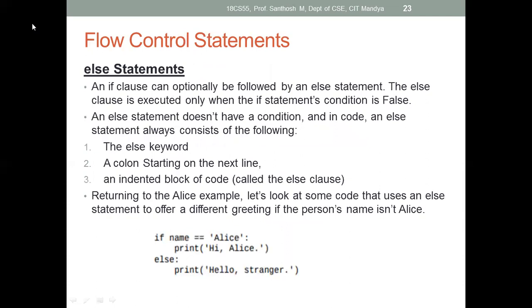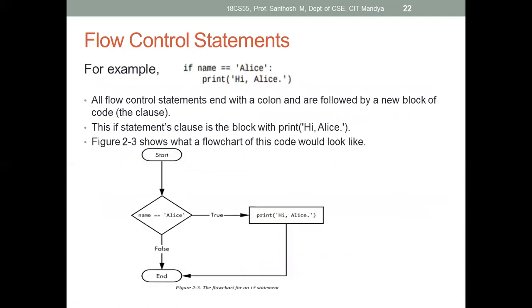Next one is the else statement. Why do we need else? Here you see, if the condition is true, then only this statement will be printed, meaning your clause will print it. Otherwise, it will not print anything. It will jump to the next line of code, and we don't know what that code is. But we have to know whether that if is working properly or not.